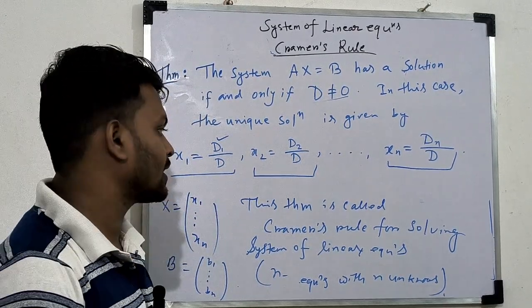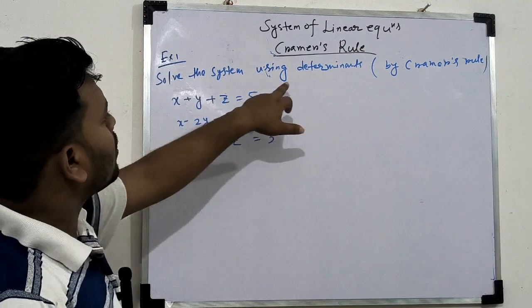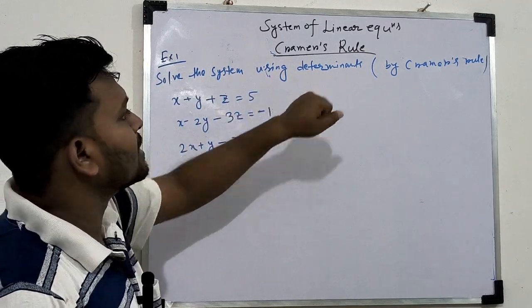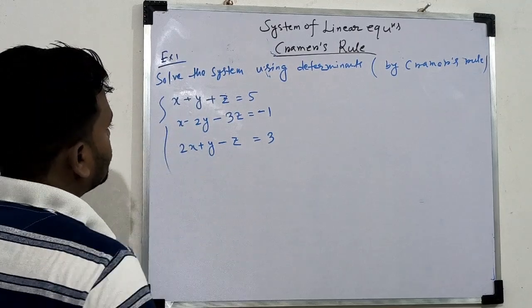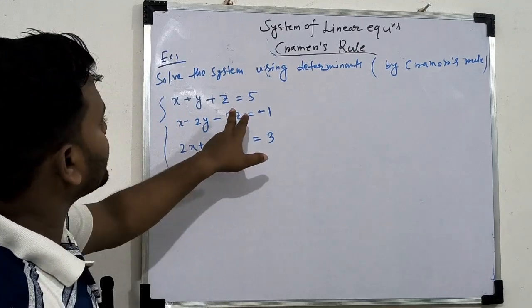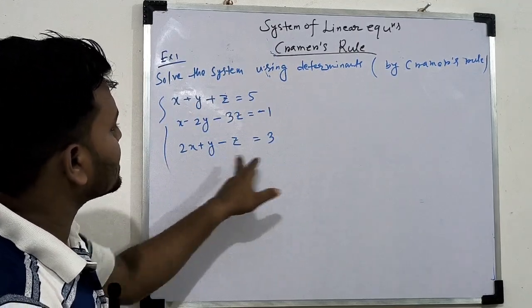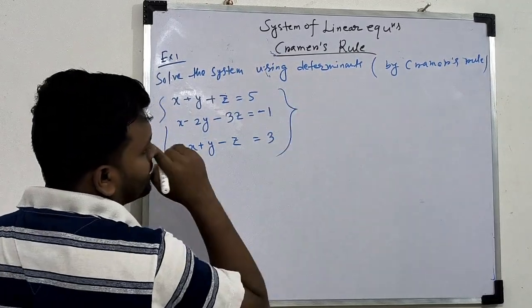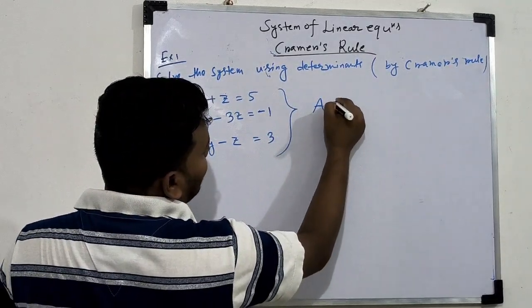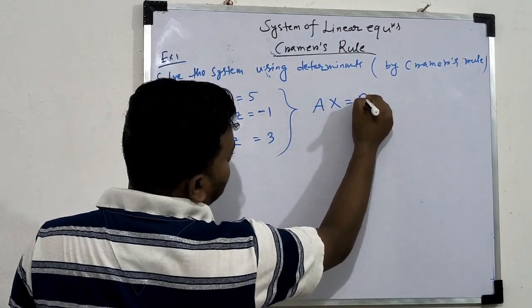Now we solve a system by this rule, so it will be clear. Solve the system using determinants, that is, by Cramer's rule. This is a system of linear equations with n equations and n unknowns, namely x, y, z. This system can be represented as Ax = b.